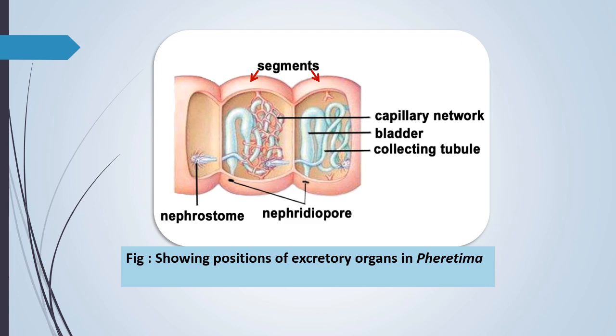In Pheretima, the nephridia consist of a nephrostome which leads into a long coiled tube called the collecting tubule, which enlarges at its posterior end to form a bladder, and this bladder finally opens to the exterior through a nephridiopore.